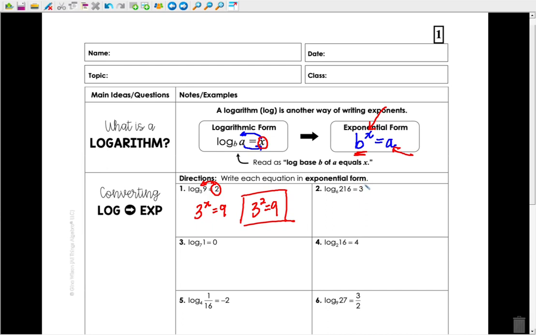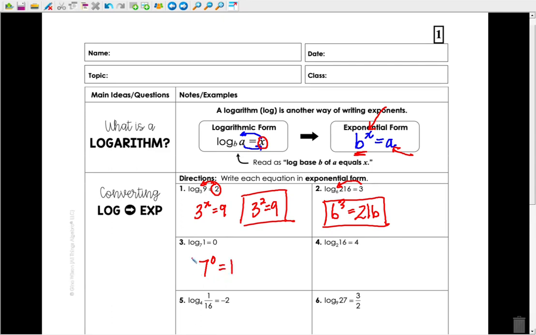What this means is here is your exponent: 6 to the third power equals 216. That's how you would write it in exponential form. The next one is saying log base 7 of 1 is 0. This simply means 7 to the power of 0 equals 1.